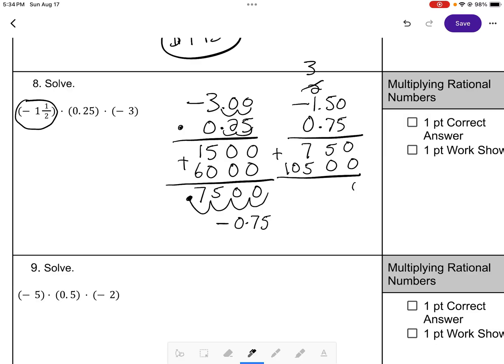Now I can go ahead and add these two together. 5. 7 plus 5 is 12. That gives me a 1, and that gives me a 1. All right, so now I am going to bring my decimal 1, 2, 3, 4 places to the left. So 1, 2, 3, 4.